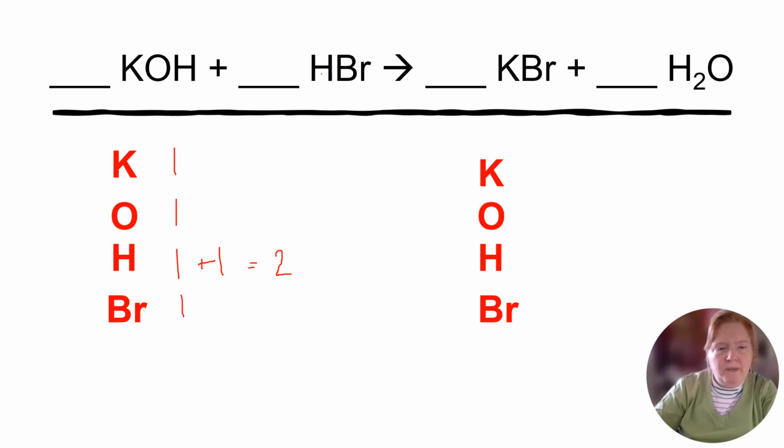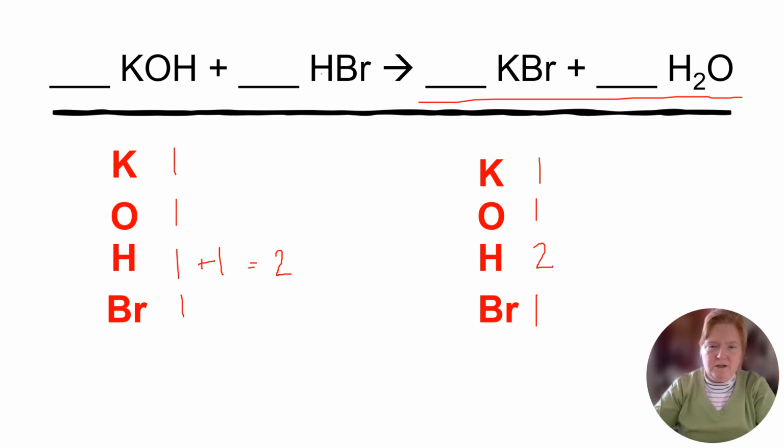I have 1 bromine. Here I have on this side, so I'm looking over here, 1 potassium, 1 bromine, 2 hydrogen, 1 oxygen. What do you notice? Yeah, it's already balanced. Sometimes it is. So I could leave all of those lines blank or put a 1, a 1, a 1, a 1.